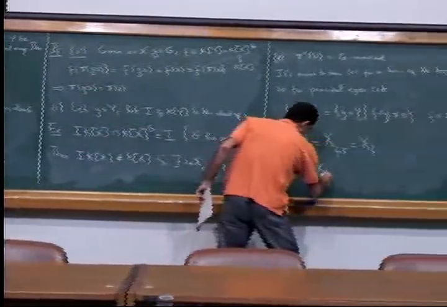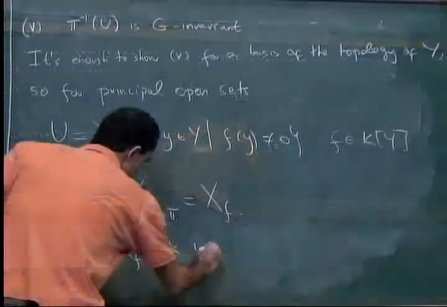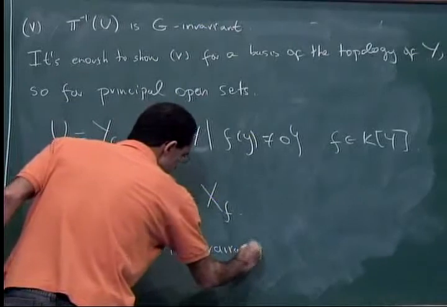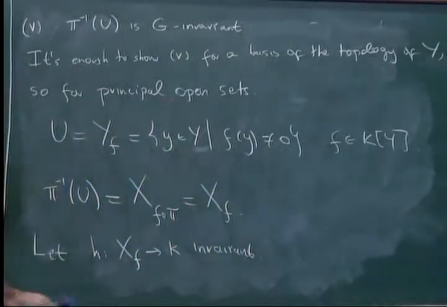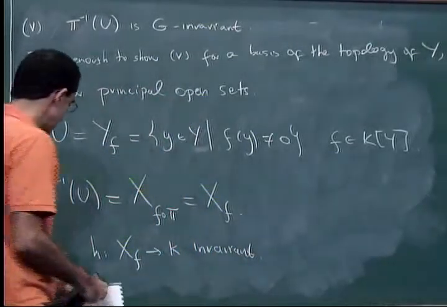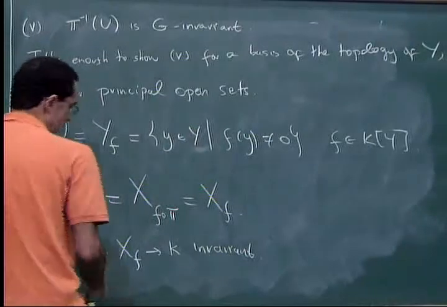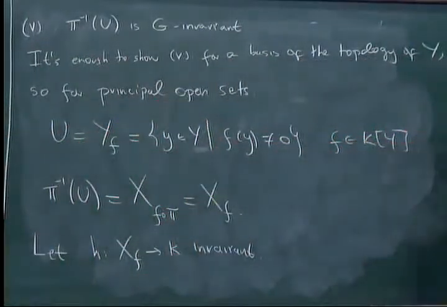So let H be an invariant function. And what I want to show is that it comes from a function on Y_F under the map pi.